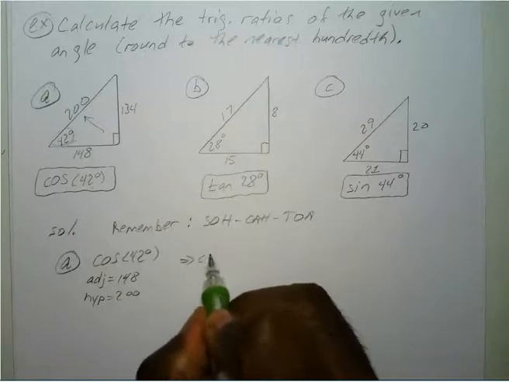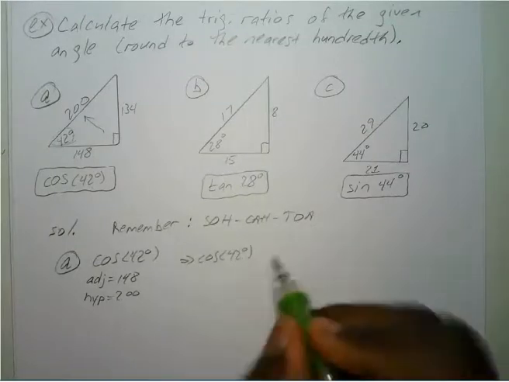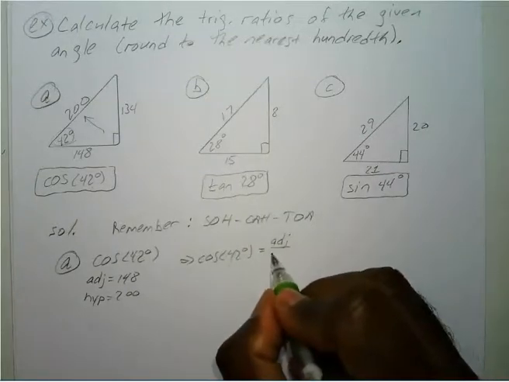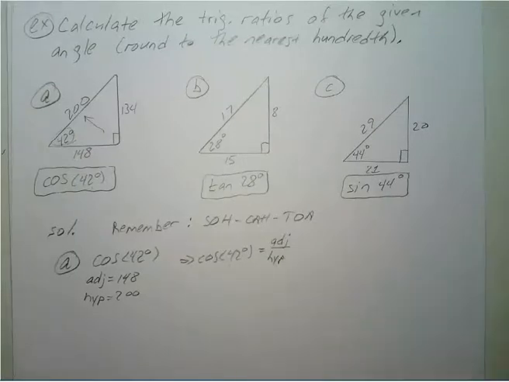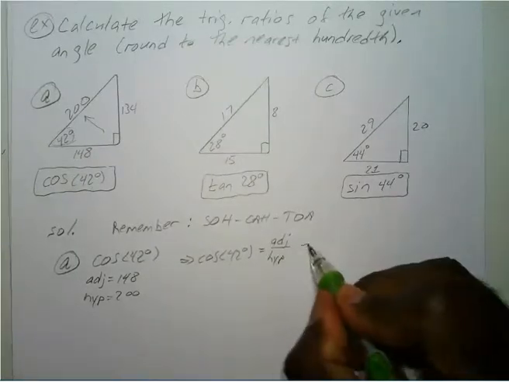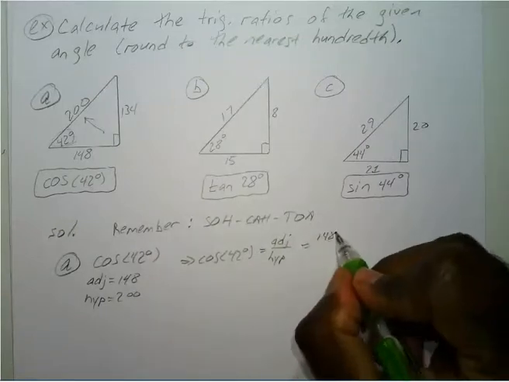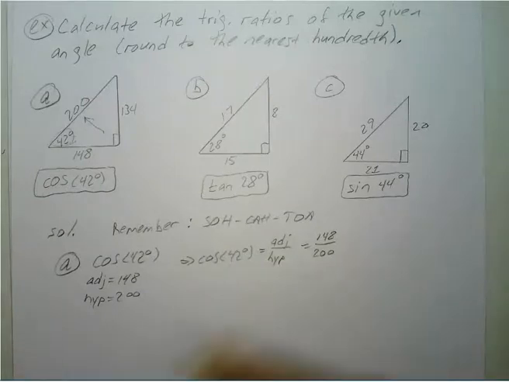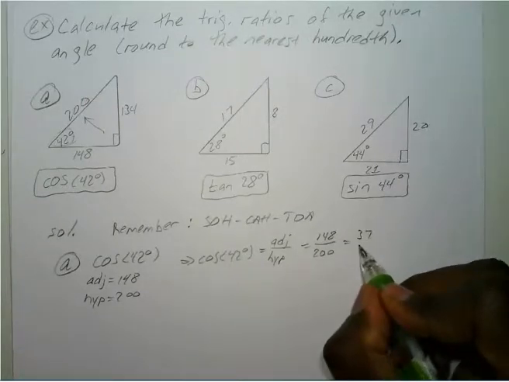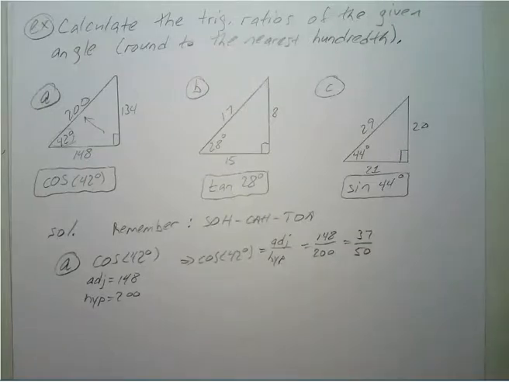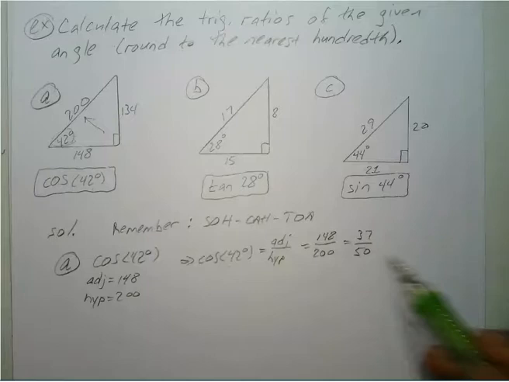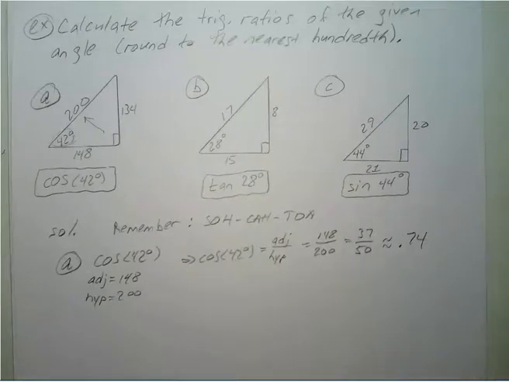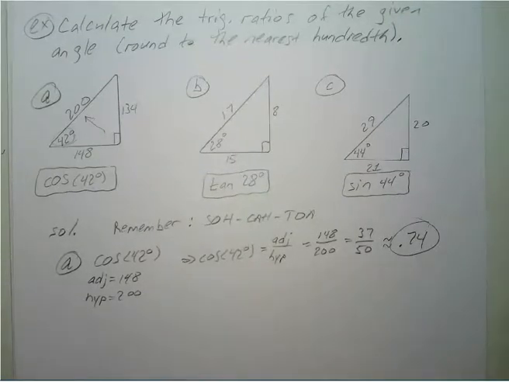So we know that cosine of 42 degrees, really any degrees, would be adjacent over hypotenuse. Your adjacent is 148. Your hypotenuse is 200. So that simplifies to 37 over 50, which 37 divided by 50 is about 0.74.